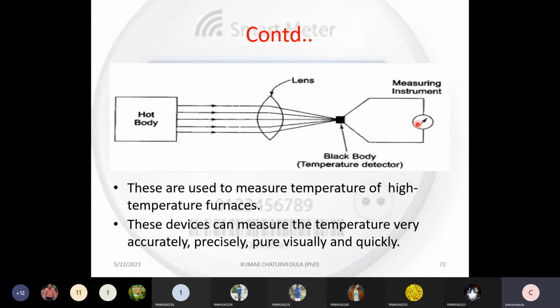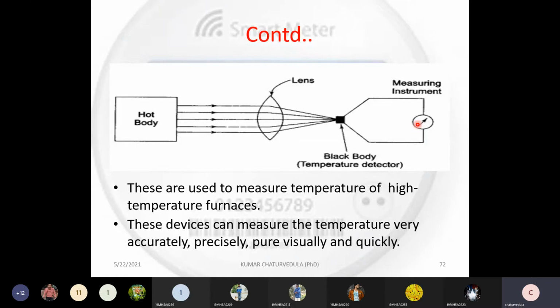Now these pyrometers or infrared thermometers are used to measure the temperature of high temperature furnaces. These devices have some characteristics like accuracy, precision, quick or fast response, and being purely visual.